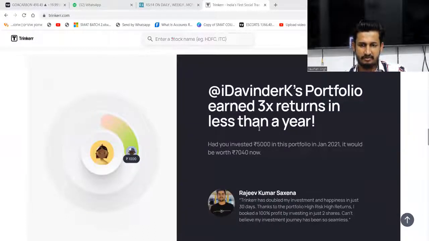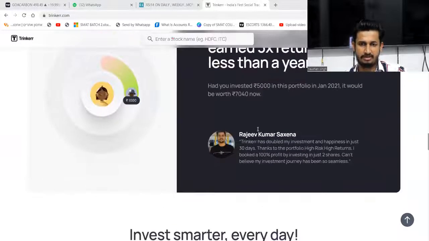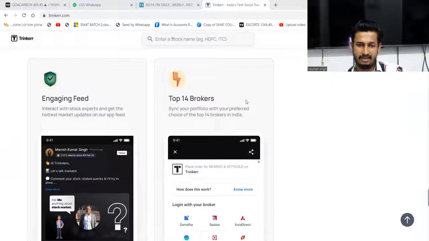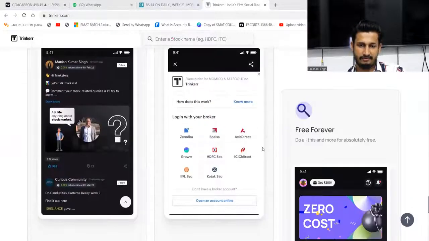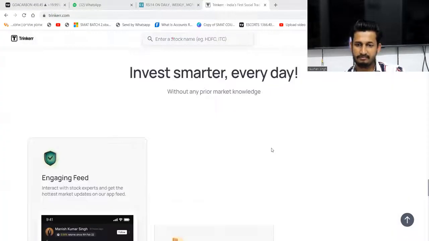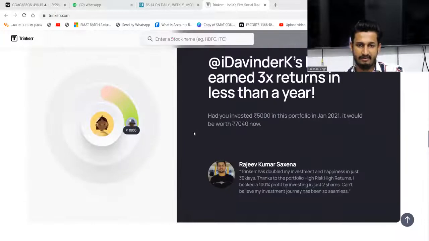Maybe those people who are showing you are charging some money. Had you invested in January 2021, it would be worth 7,000. Anyway, these are the ways things are coming up. That is also good. I have not tried it, I'm hearing it for the first time.